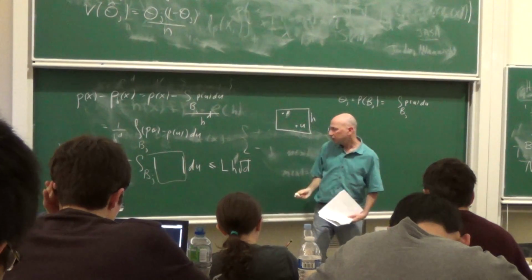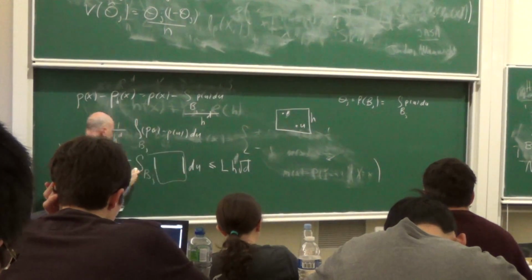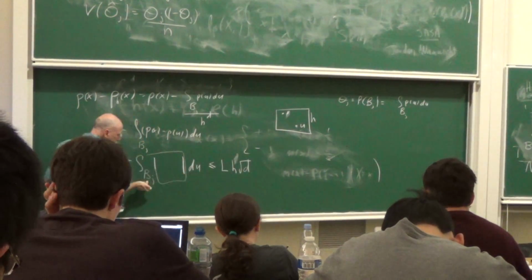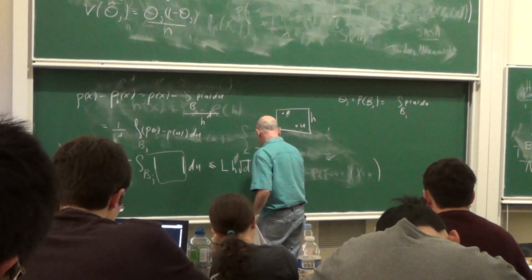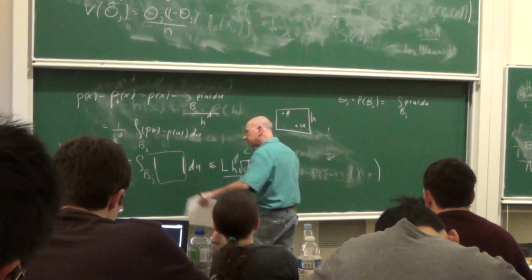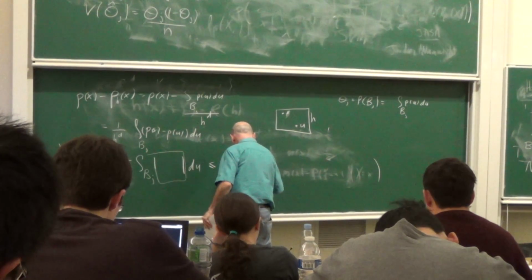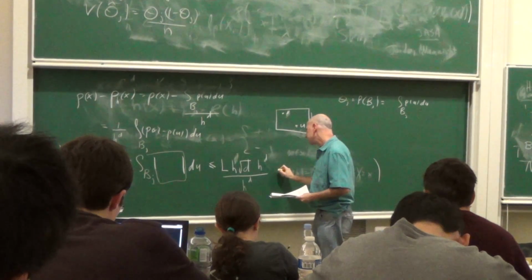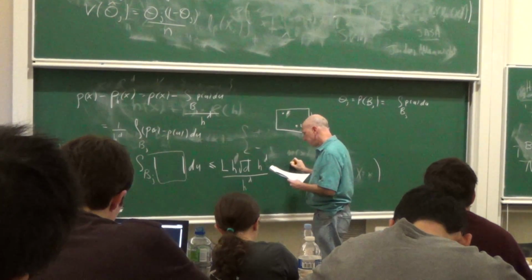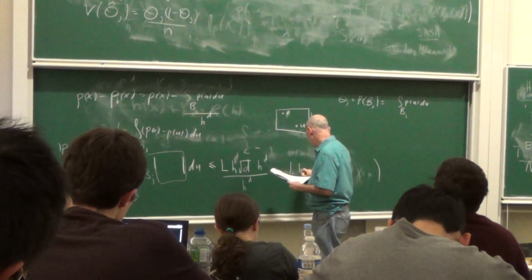Okay. When I pull that out front, what am I left with? I'm left with the integral of this cube. The integral over a cube is just h to the d. And then there's an h to the d on the bottom. And so this gives me L h to the d.